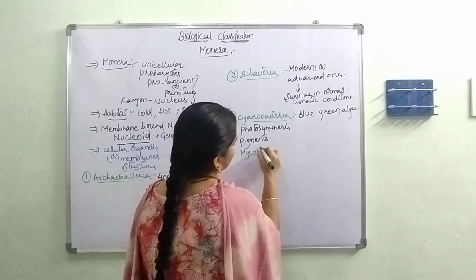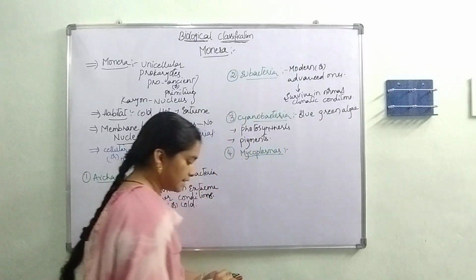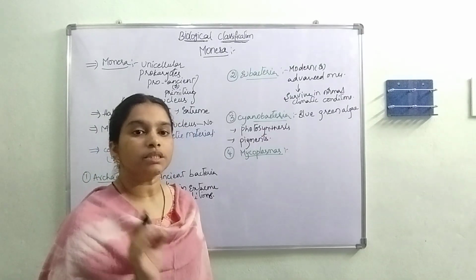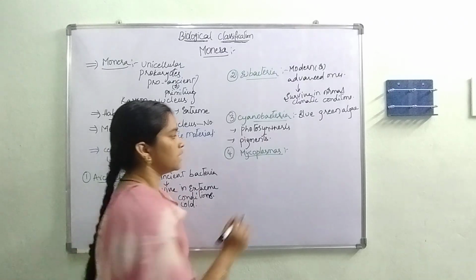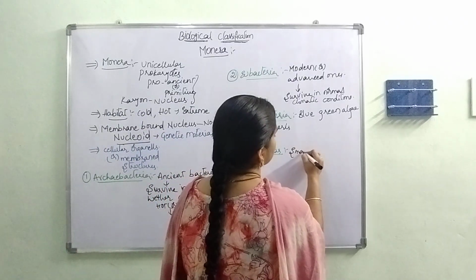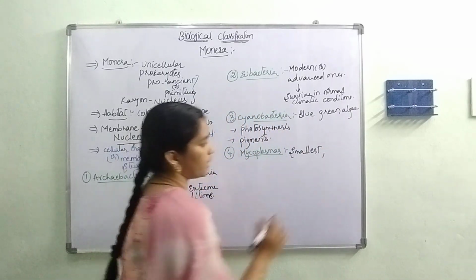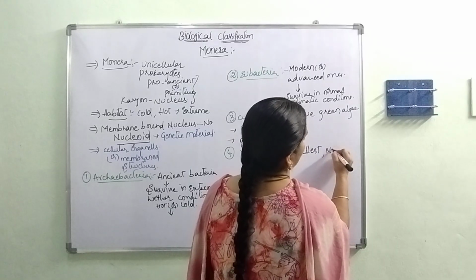Okay. Next, number 4 is mycoplasmas. These are the smallest of all bacteria, or the smallest of all the monerans. They do not have any cell wall.